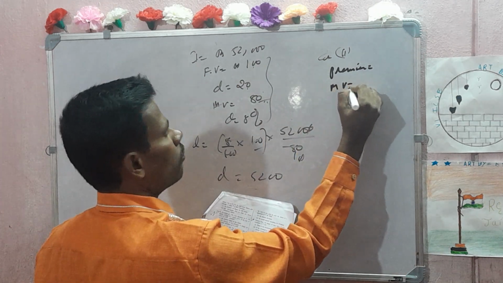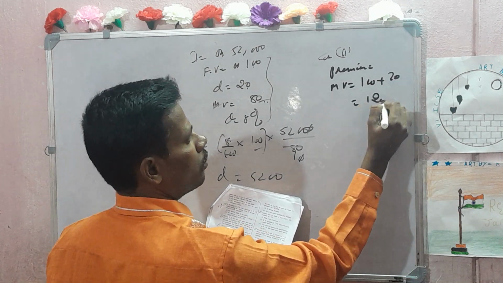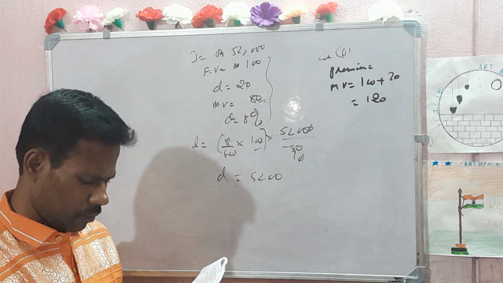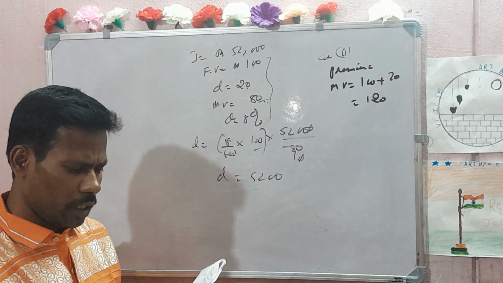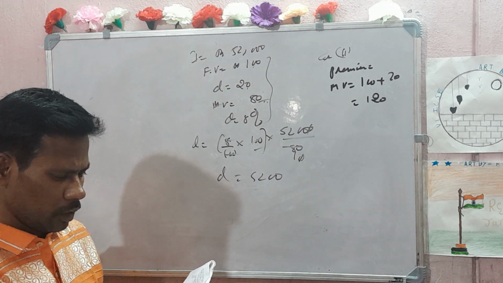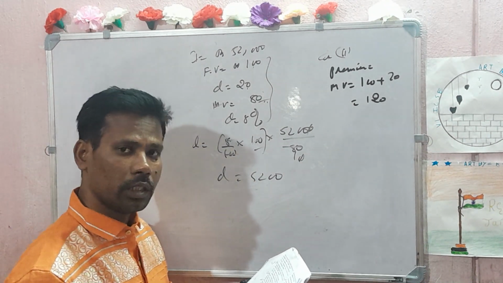So now market value is 100 plus 20, so now market value is 120. What is it asking? Profit earned including his dividend.